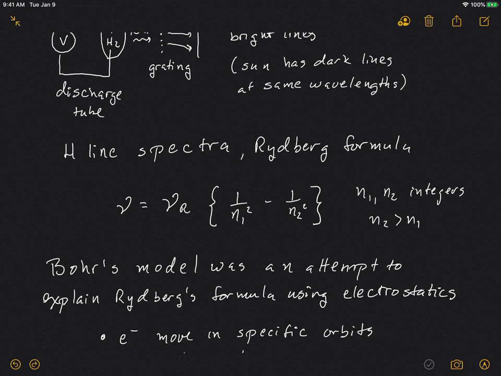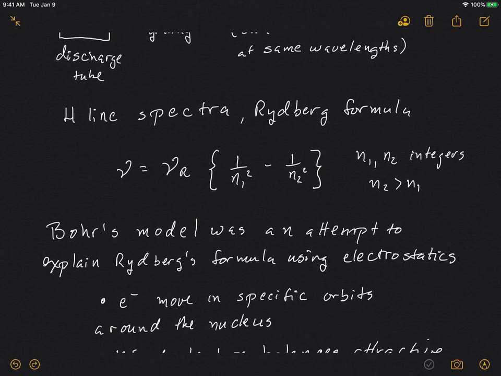And so Bohr, at this point, it was known that atoms had things like electrons, and the theory of electrostatics was well established, and electrodynamics, electromagnetism was well established. And so Bohr was trying to explain this result in terms of some model that uses electrostatics.